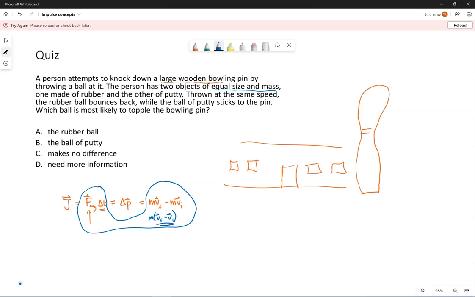Ultimately, the ball that has the largest change in momentum is going to apply the biggest force. Well, the rubber one that bounces, we have a v initial towards the wall and a v final away from the wall. The one that sticks, we have a v initial towards the wall, but we have a v final of 0.